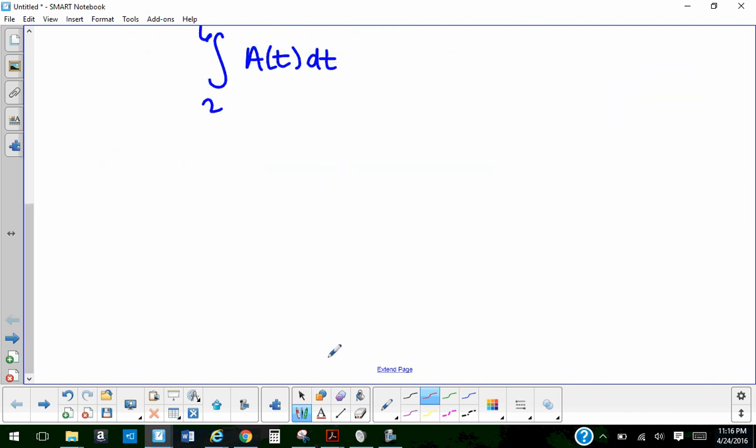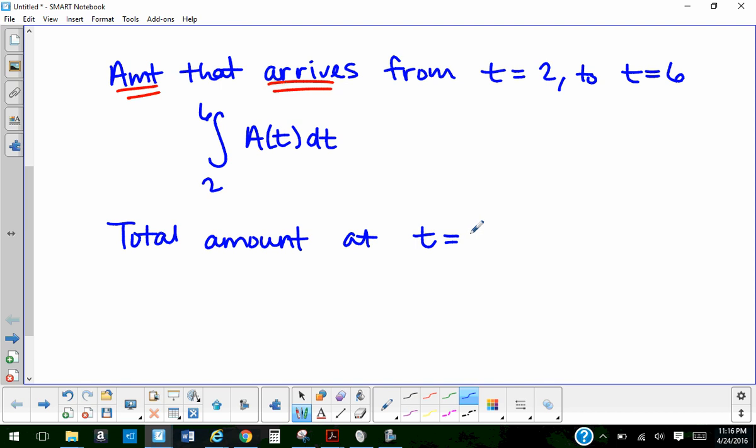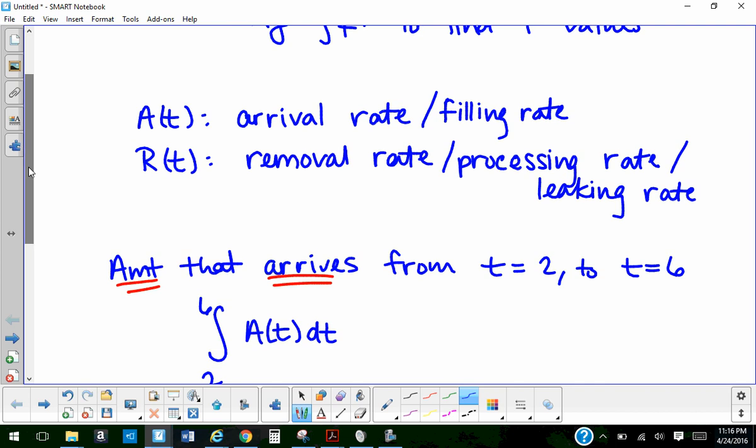But if they say, what is the total amount at time t equals 8, say. Well, then let's do a scenario, come back up and update our information.